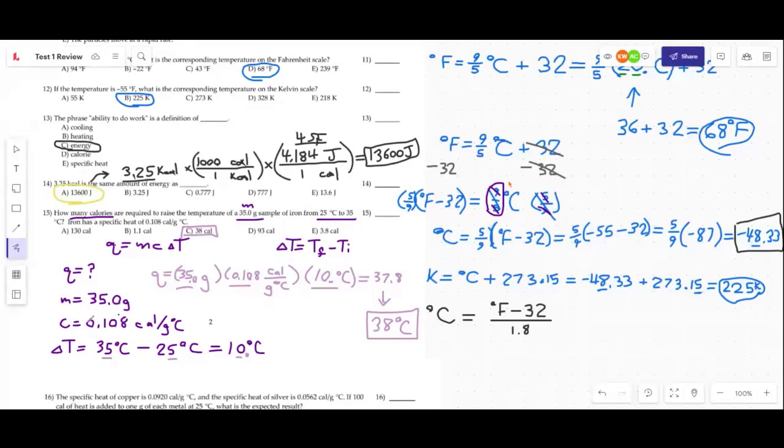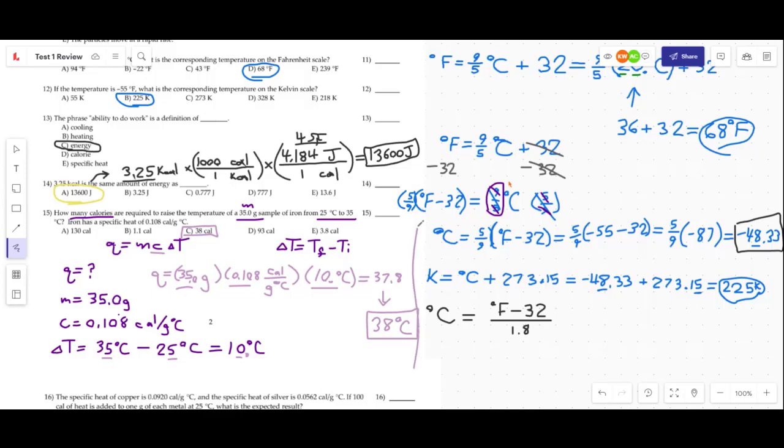Now the cool thing is, if you had something else that you were looking for, all you would have to do is simply solve for that variable. Let's say, for example, you were solving for specific heat. All you'd have to do is divide both sides by mass and change in temperature. Or if you're solving for mass, you just divide both sides by specific heat and change in temperature. So just do a little bit of algebra if you need to. Can you repeat that, please?